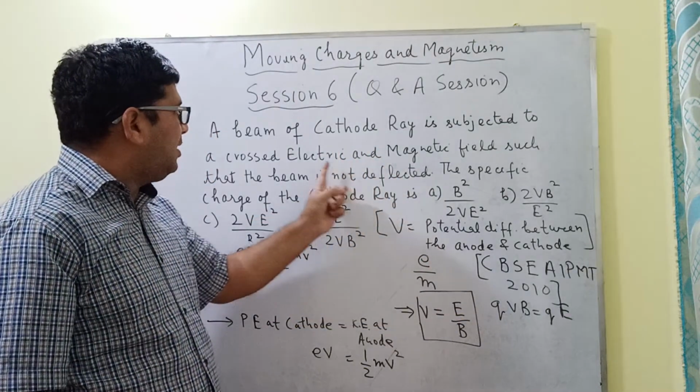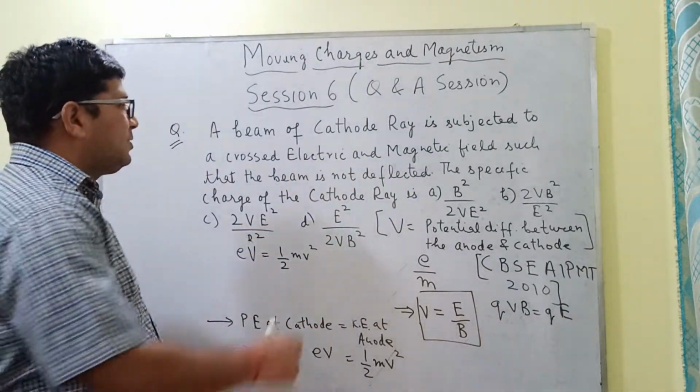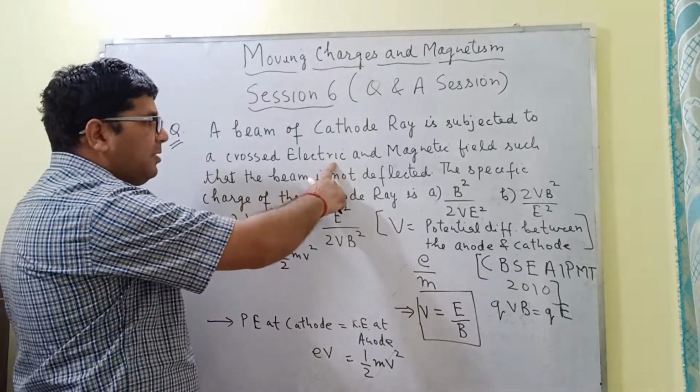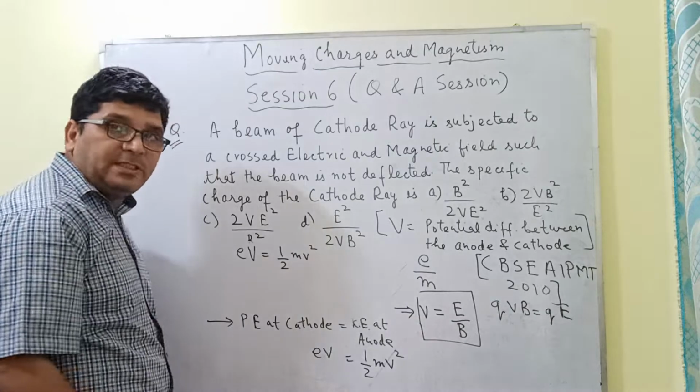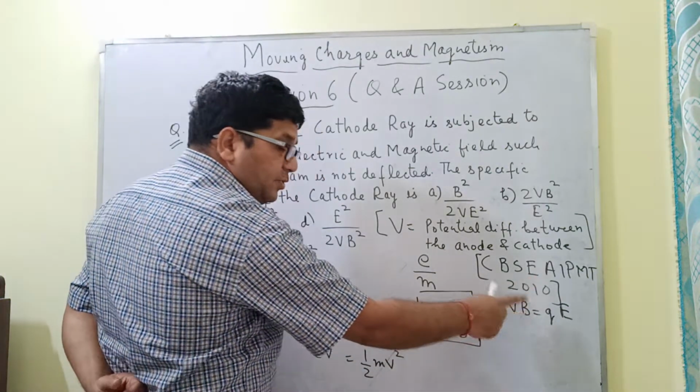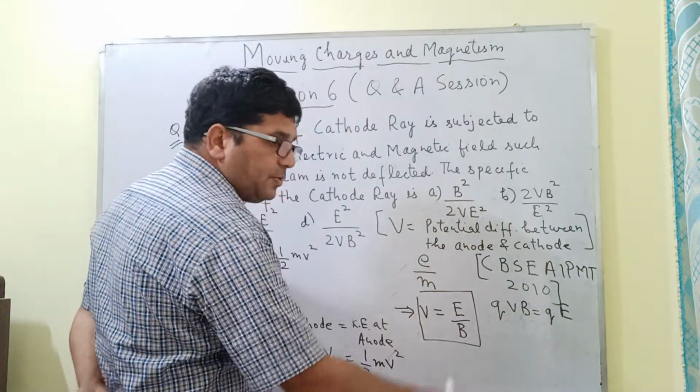So when an electron beam is subjected to an electric field and a magnetic field, which are perpendicular to each other, and it is not getting deflected, then it means that the magnetic force due to the magnetic field should be equal to the electrostatic force due to the electric field.